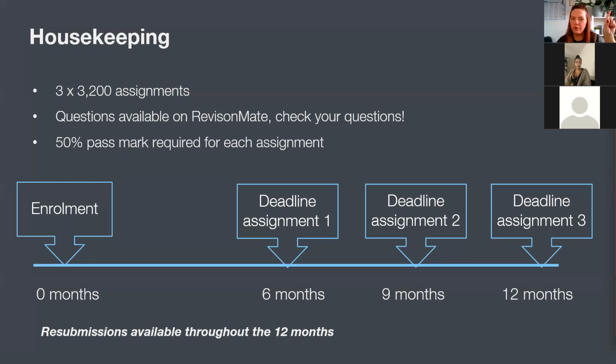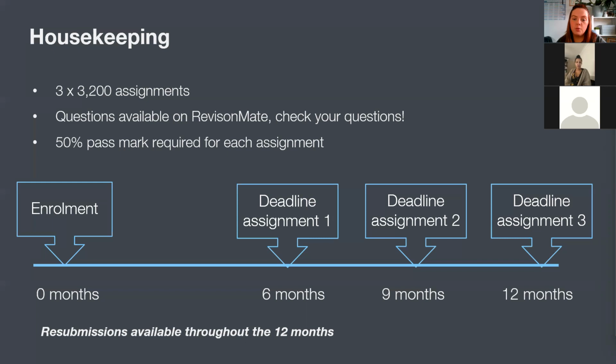I think they put in there use Arial 11. Don't include all of that, just purely count the words in your text and skip the referencing as well. As always, your questions will be on Revision Mate, so make sure you go on there and check what your questions will be.